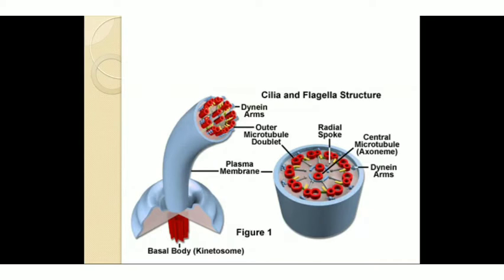The larger subfibril is called subfibril A, and the smaller subfibril is called B. Are you getting it? The larger one is subfibril A, and the smaller one is subfibril B. Subfibril A has an arm-like structure which is projected in a clockwise direction.